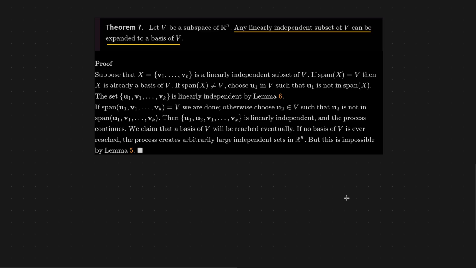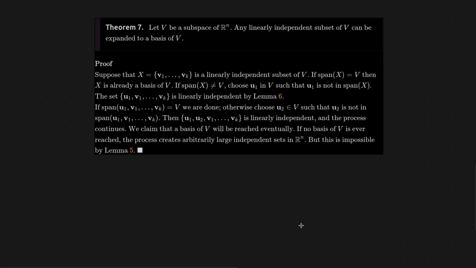This says that every vector space that is a subspace of Rn has a basis. We can find a basis, a minimal spanning set that is linearly independent, for every single subspace. Always, you can always find it.